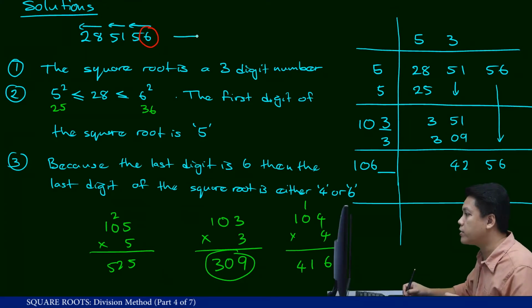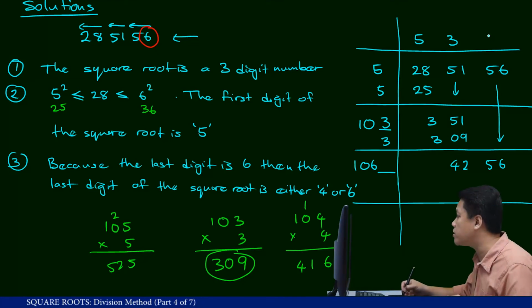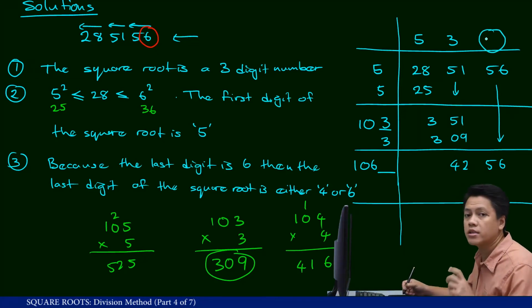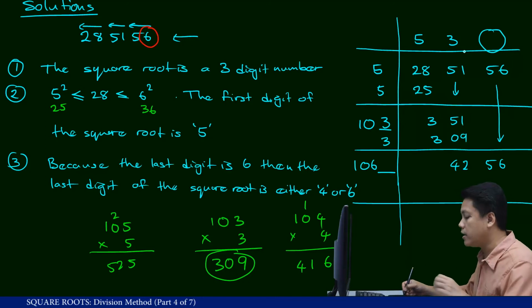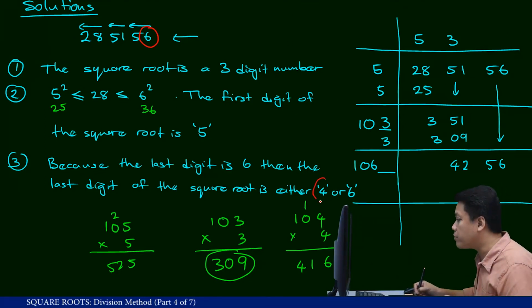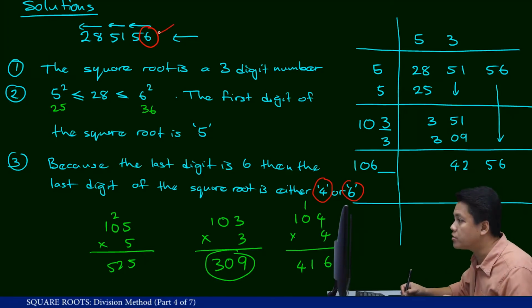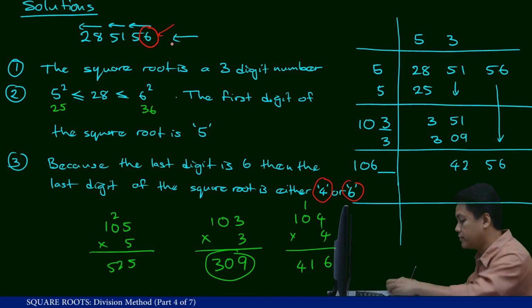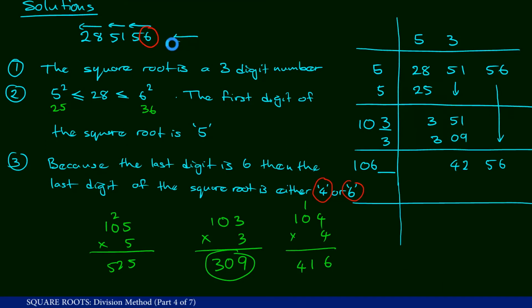Remember, the square root of this number is a 3-digit number, so we already have 2 digits, and the only one we want is the last digit. And remember, the last digit must be either 4 or 6, because the last digit here is 6. So let's try 4 first and see whether it matches.